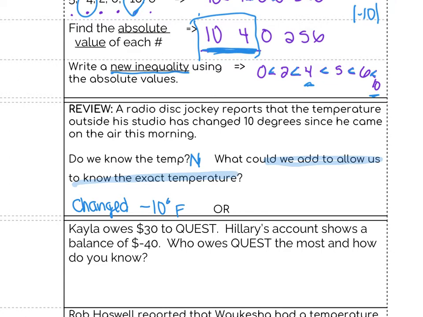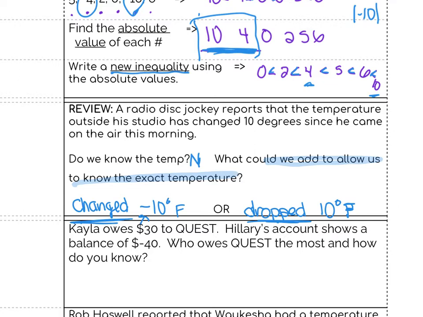Or we could say it dropped 10 degrees. We would not say that it dropped a negative 10 degrees because that gets into the opposite of the opposite. So we're either going to add words to help us know the direction, or we're going to add symbols.